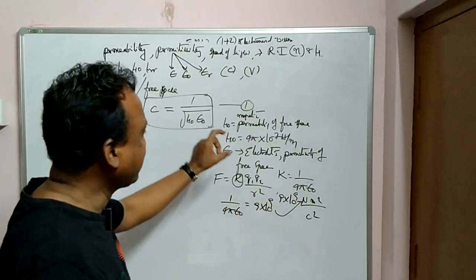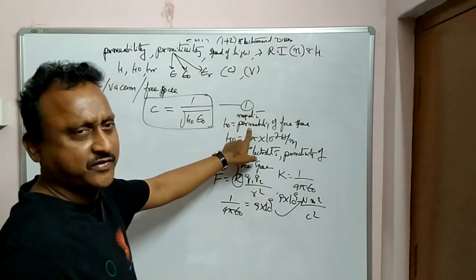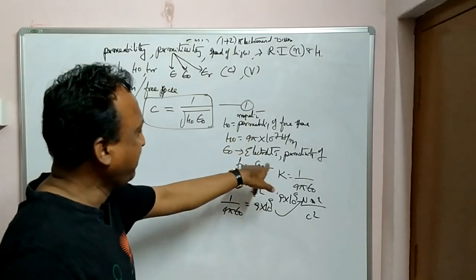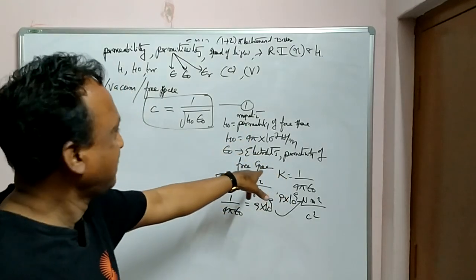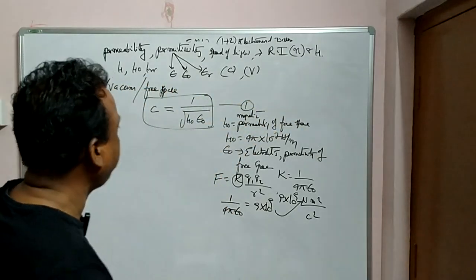So for instance, now let us learn what is mu naught and epsilon naught. This is magnetic permeability of free space, this is permittivity of free space in electrostatics. This is in air, vacuum or free space, velocity of light or speed of light.